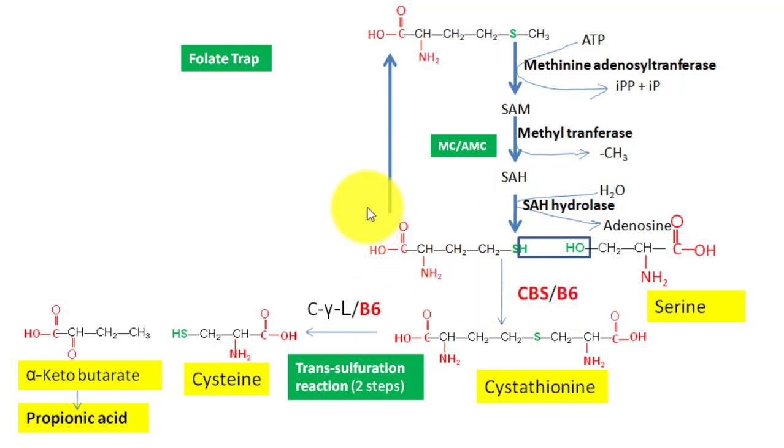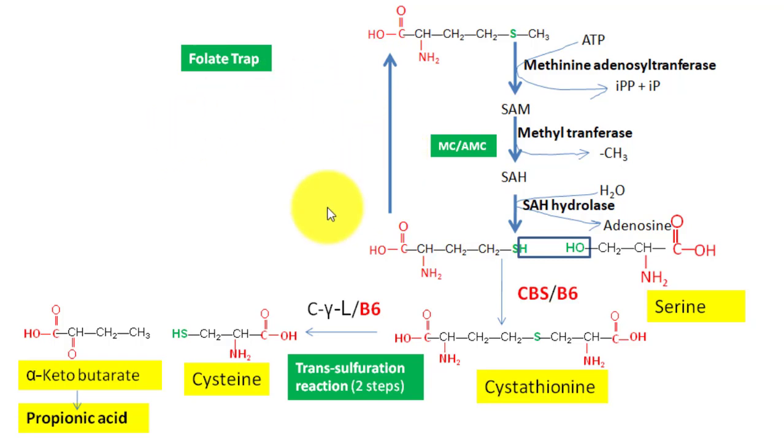Now let's talk about the conversion of homocysteine into methionine through recycling. Recycling of homocysteine to methionine requires one methyl group that has to be added to homocysteine, and this methyl group comes from the very complicated reaction of folate and vitamin B12.